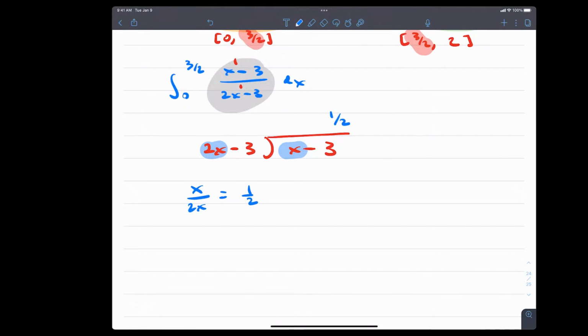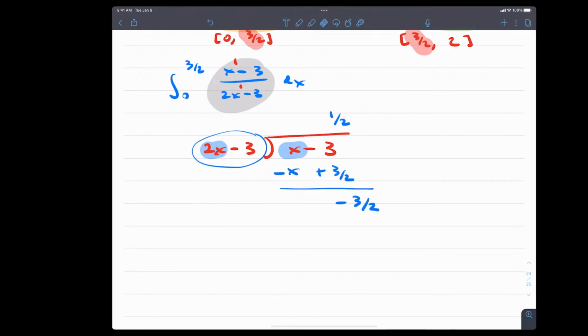So then take the 1/2 and multiply it to the 2x minus 3. So you end up getting here x minus 3/2. Change your sign, and you get a minus 3/2 now. Okay? So you might say, what does this do for you?